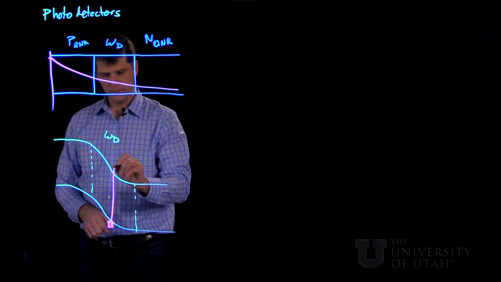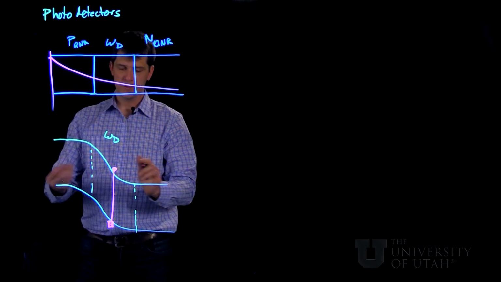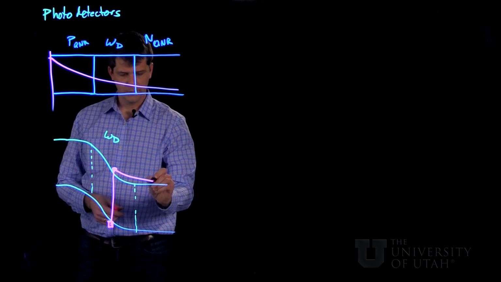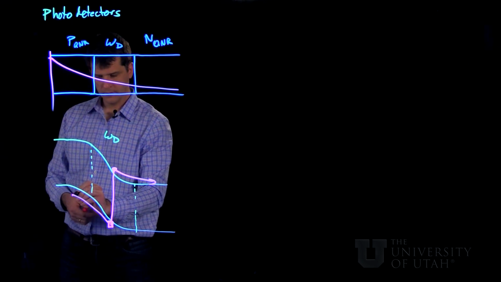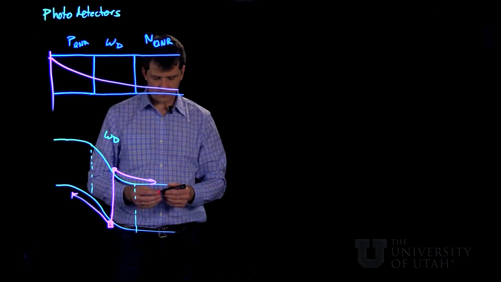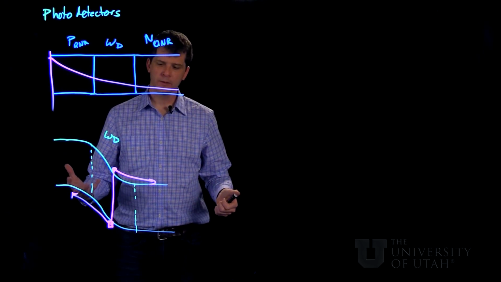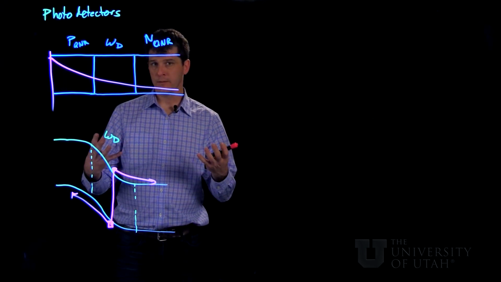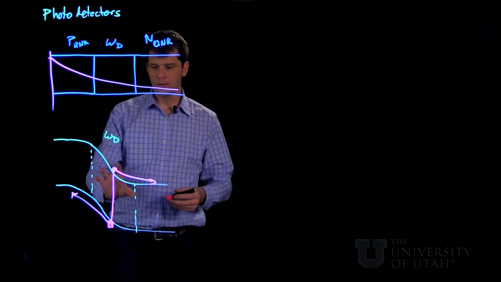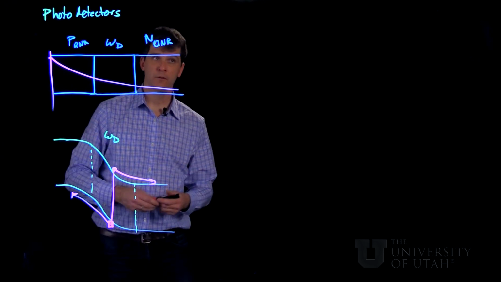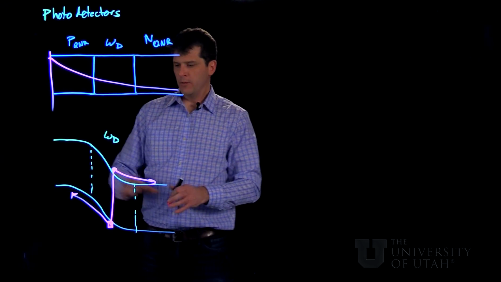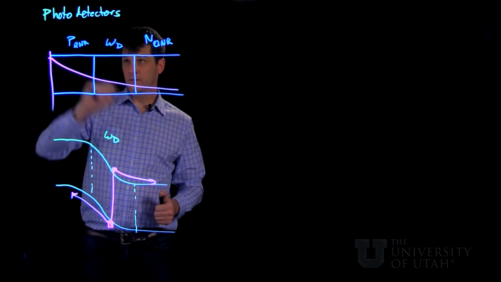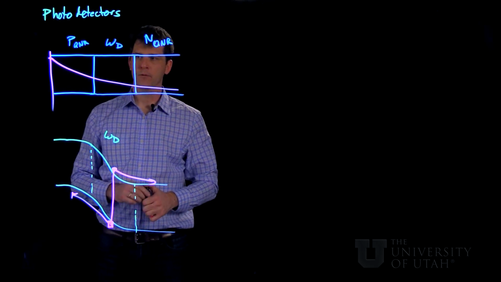So photogeneration here gives you an electron-hole pair, but they're inside a very strong E field, and so they're swept out very quickly, like so. So a usual assumption is that the collection efficiency inside the depletion width should be unity, or 1. Now we have to think about what happens in the quasi-neutral regions, in the p-type and n-type quasi-neutral regions.